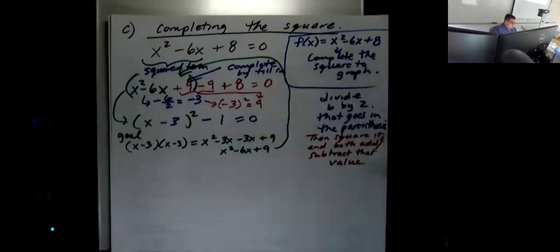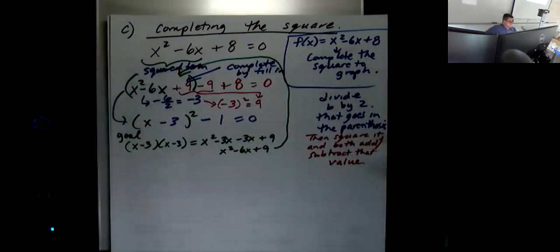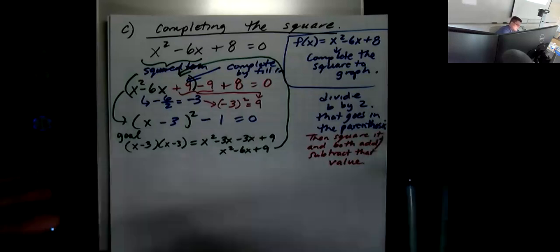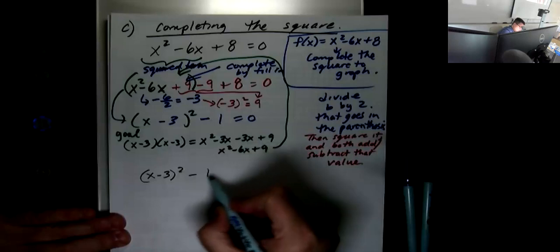And now, when I add 9 to the same side, I gotta subtract 9 to keep it balanced. We have x minus 3 squared minus 1 equals 0 right now.